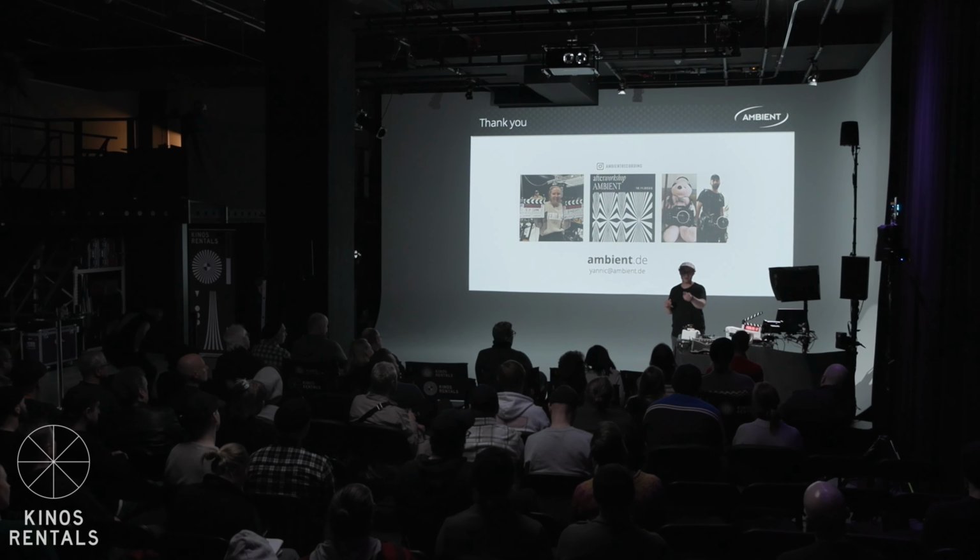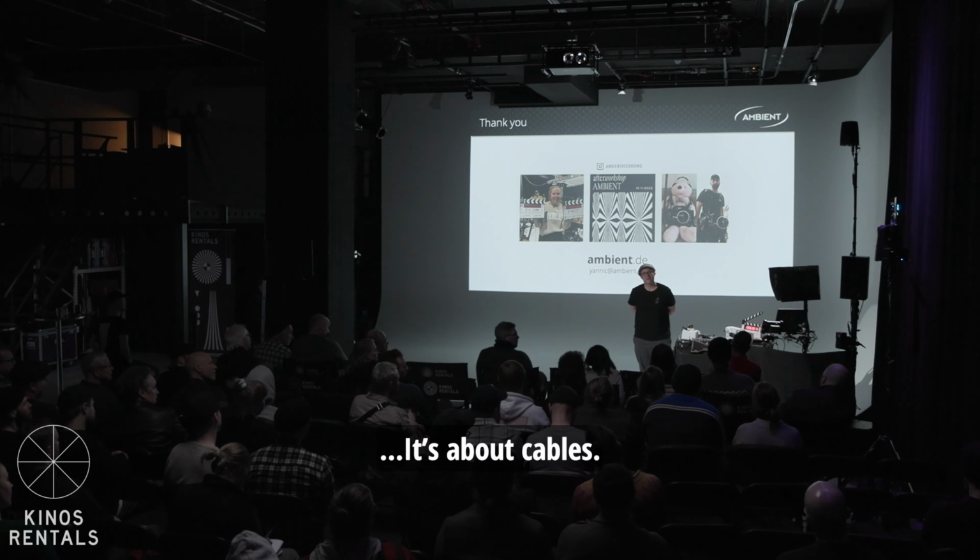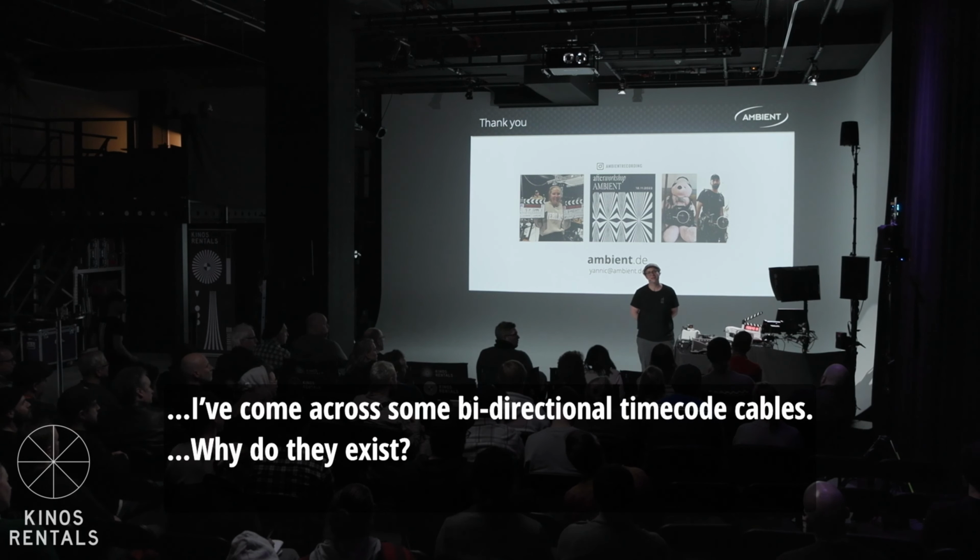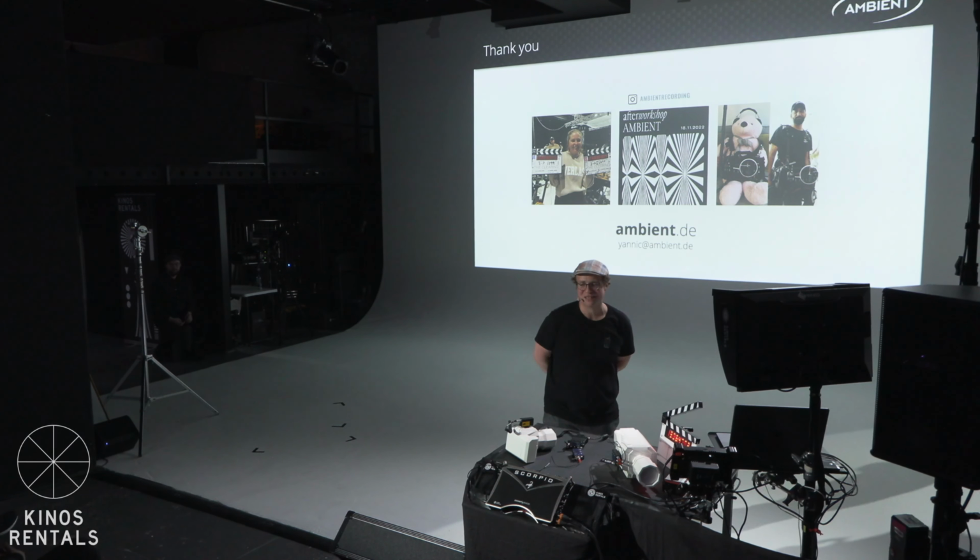You had another question? It's about the cables. I've come across some bidirectional timecode cables. Why would they exist? I can't recall. Well, actually, we do it unidirectional because we also have this workflow where you can feed in the timecode.